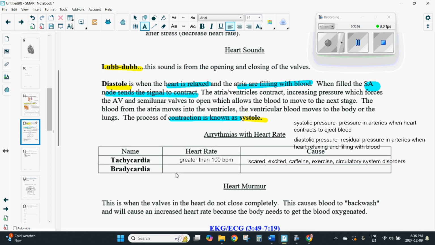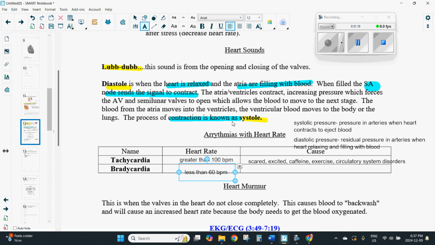Now moving on, bradycardia. Bradycardia is the exact opposite. If tachycardia is greater than 100 beats per minute, bradycardia is less than 60 beats per minute.